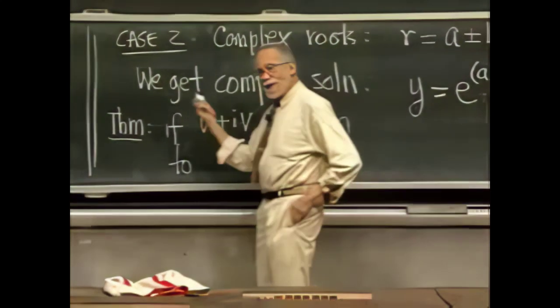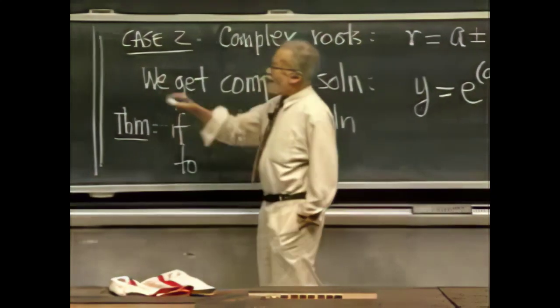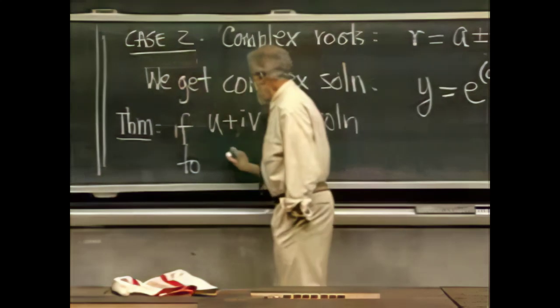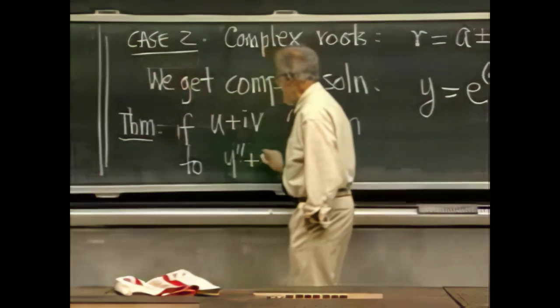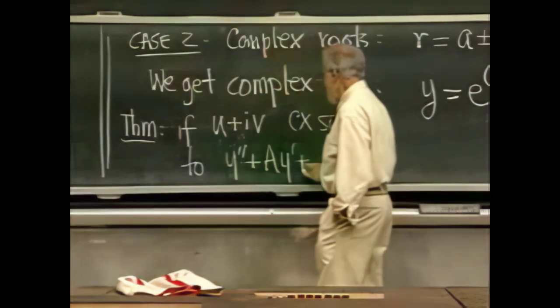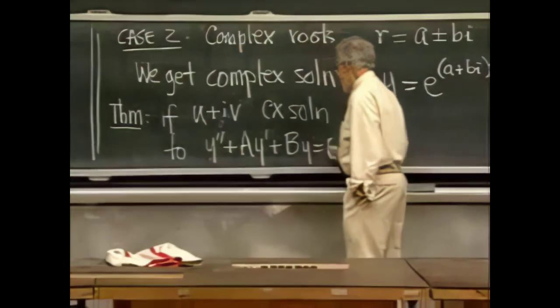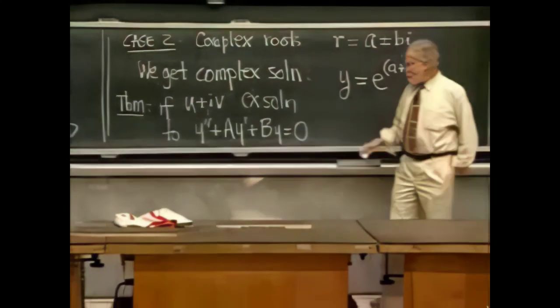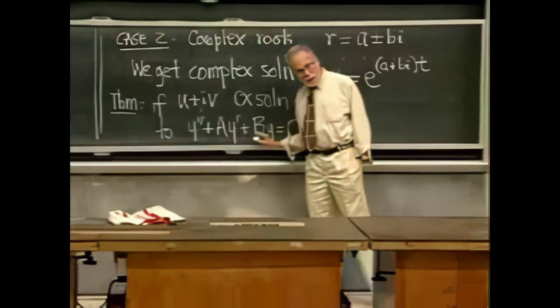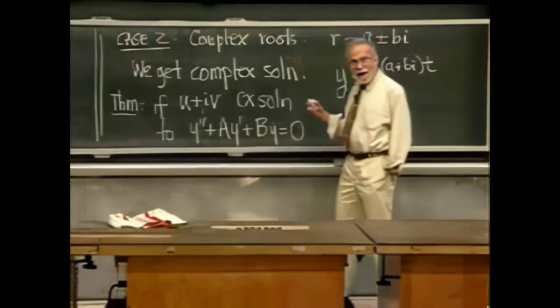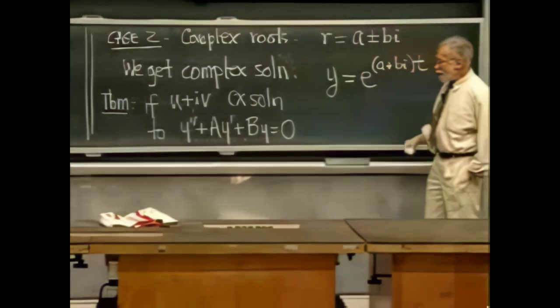Well, it doesn't have to have constant coefficients. It has to be linear. Let me just write it out: y double prime plus a y prime plus b y equals 0. Suppose you've got a complex solution to that equation. These are understood to be real numbers. They're the damping constant and the spring constant.